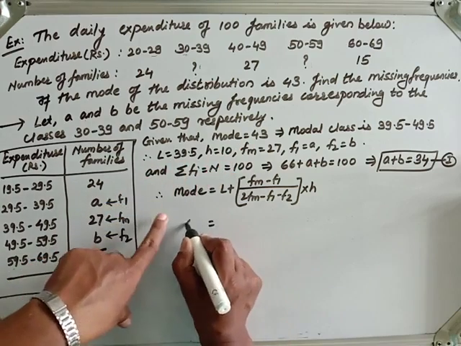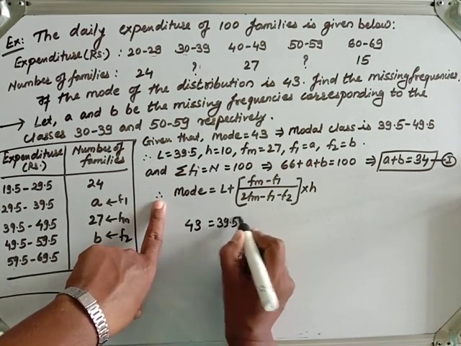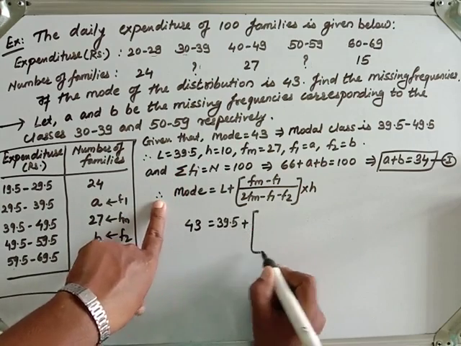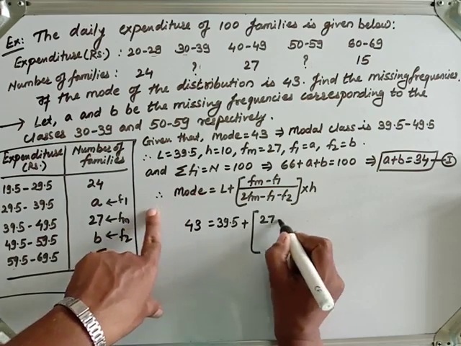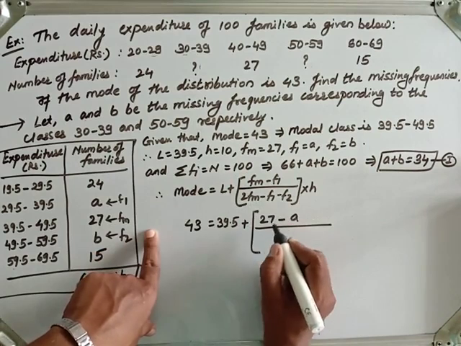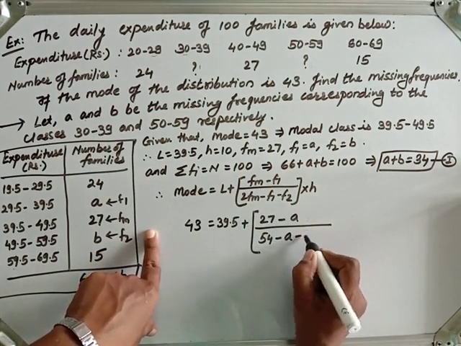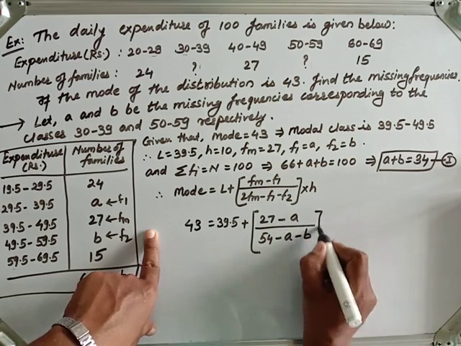Mode is known, so 43. Here I must write 39.5 plus, what is FM? 27 minus F1 is A, upon 2 times 27. So it will be 54 minus A minus B, multiplied by H.